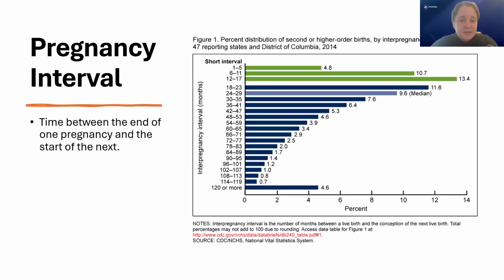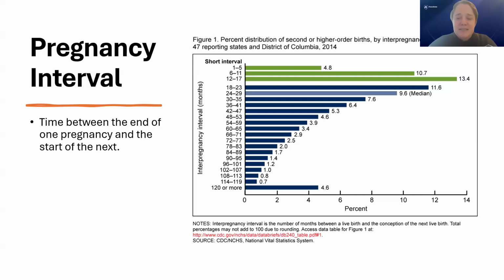Okay, so this is pregnancy interval, and pregnancy interval is, again, the time between the end of one pregnancy and the start of the next pregnancy. In clinical care, it's called birth spacing. The WHO recommends waiting at least 24 months between pregnancies after a live birth and for your next pregnancy.